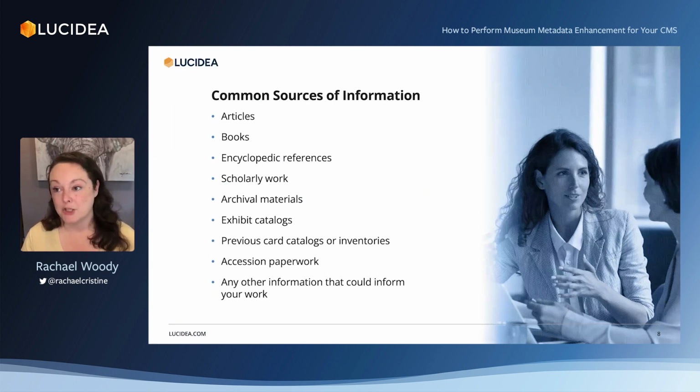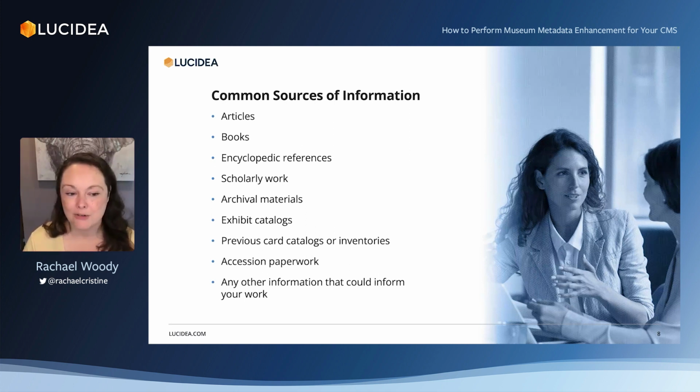Common sources of information. If you've made it through the prompts, and there are various reasons or a circumstance that makes sense for you to do some data enhancement, and you've figured out a few of the fields that you think you could focus on, the next step is: where are there common sources of information? Some of them are obvious first stops: taking a look and doing some research on what articles may help to inform about the item, or maybe they are about that specific item in your collection.